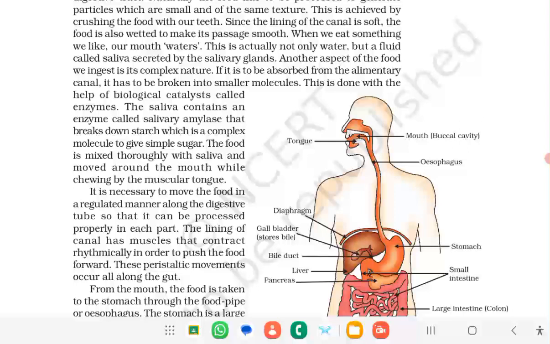The saliva contains an enzyme called salivary amylase or ptyalin that breaks down starch, which is a complex molecule, to give simple sugar. The food is mixed thoroughly with saliva and moved around the mouth while chewing by the muscular tongue.